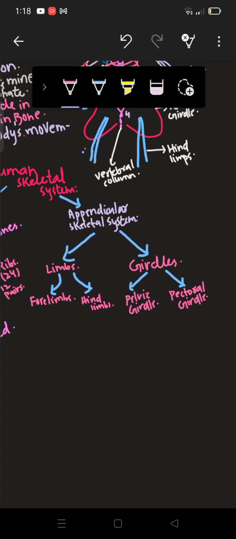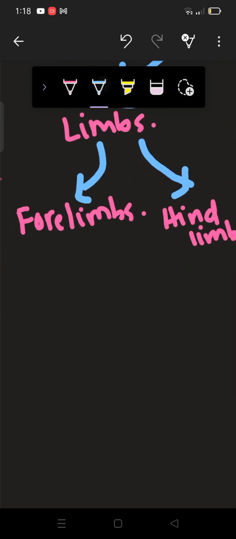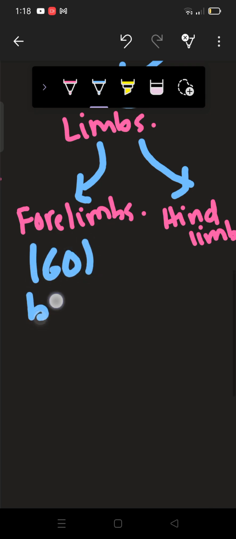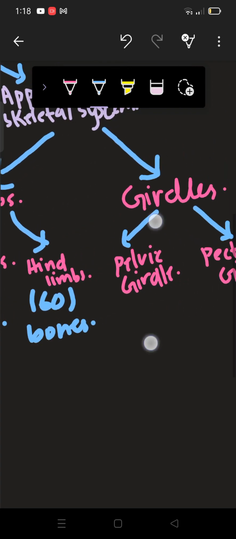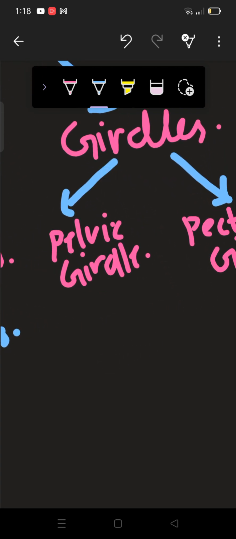So we just have to count how many bones we have. The forelimbs are comprised of 60 bones, as well as the hind limbs are comprised of 60 bones. Then we have the pelvic girdle. The pelvic girdle is comprised of 4 bones.